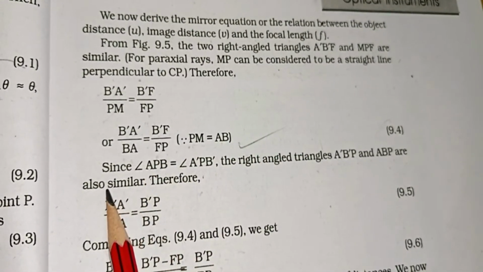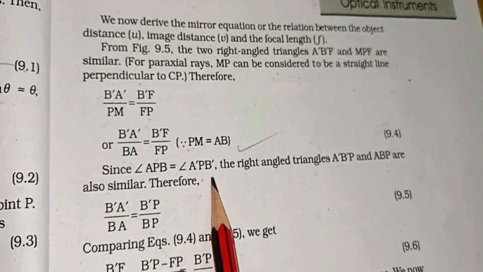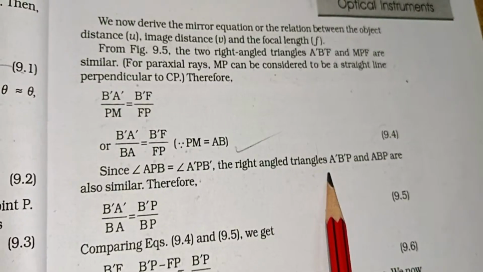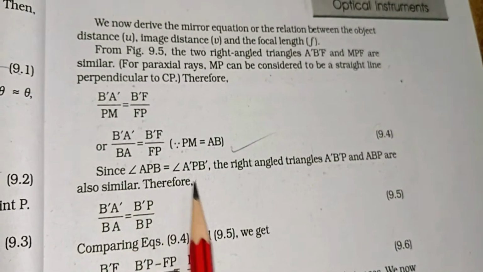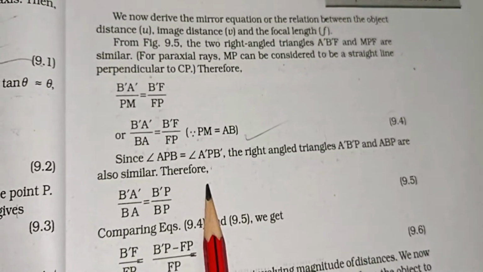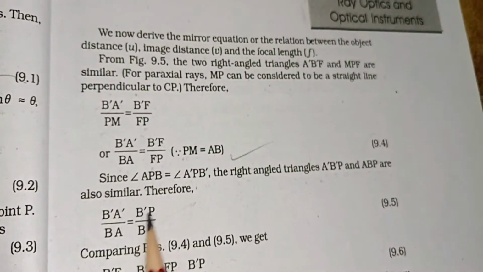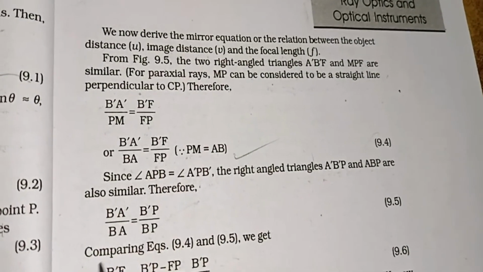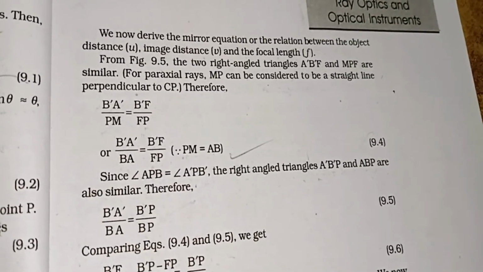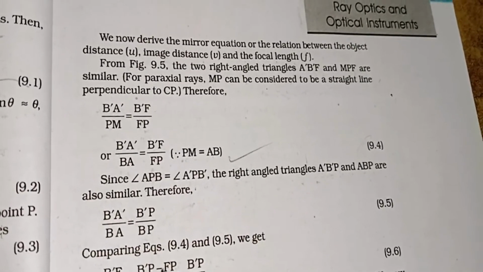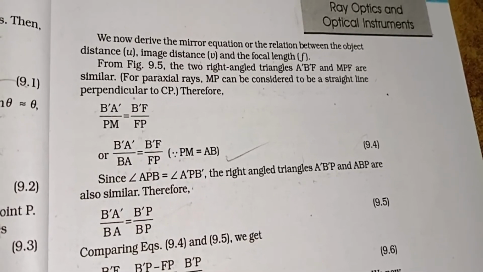Okay, since angle APB equals angle A dash PB dash, the right angle triangles A dash B dash P and ABP are similar. Therefore A dash B dash upon BA equals B dash P upon BP. Comparing, B dash F upon F dash P, that is B dash P minus FP upon FP, equals B dash P upon BP.